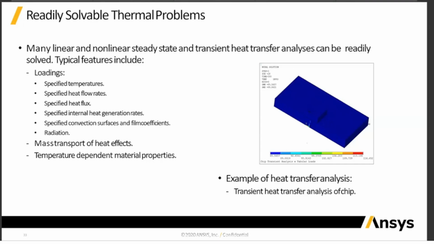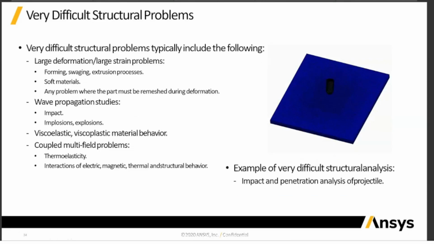Sometimes mass transport of heat effects take place, or temperature dependent material properties are there. Here you can see one example of transient heat transfer of a chip. This is an electronic device chip, and you can find out the transient heat transfer.